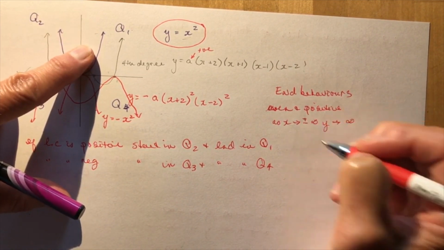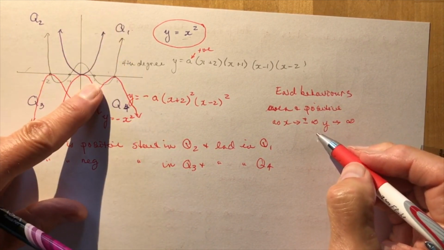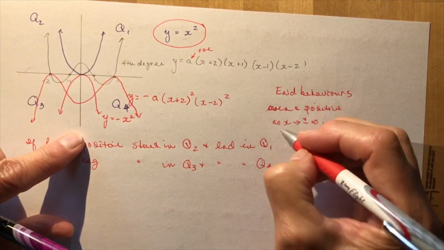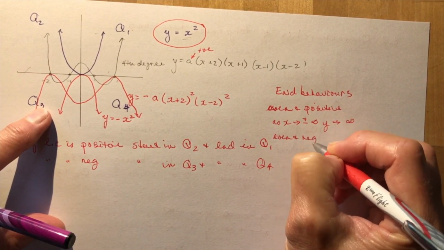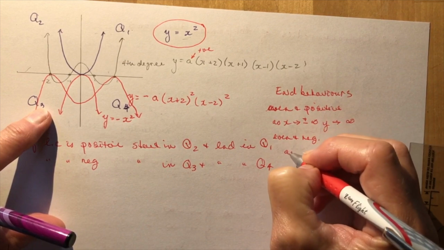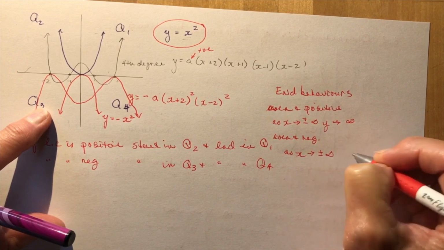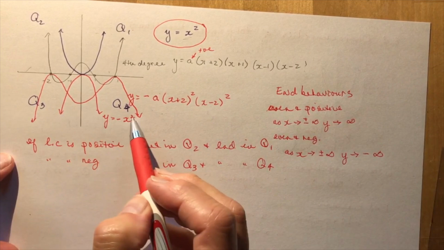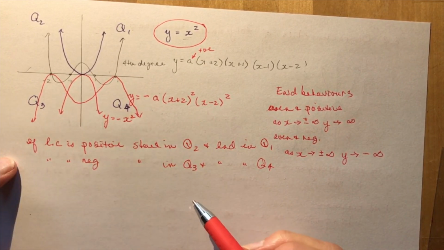And we could put plus or minus here because it happens on this side in the same direction, right? As x approaches positive infinity, y approaches positive infinity. So even and negative leading coefficient: as x approaches plus or minus infinity, y is going to approach negative infinity. So these are all going downward. So they're all approaching negative infinity as x approaches positive or negative infinity.